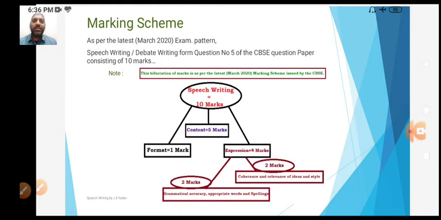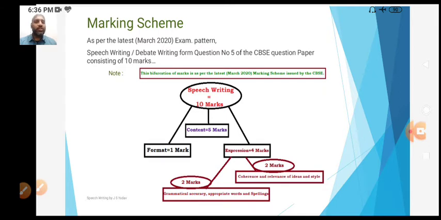Next is marking scheme. Recently, the marking scheme of speech writing has been changed by the CBSE. Earlier also it was 10 marks, no doubt, but the bifurcation was different. Earlier, the format was 1 mark and content portion was of 4 marks. Expression portion was 5 marks, whereas now it is reversed.